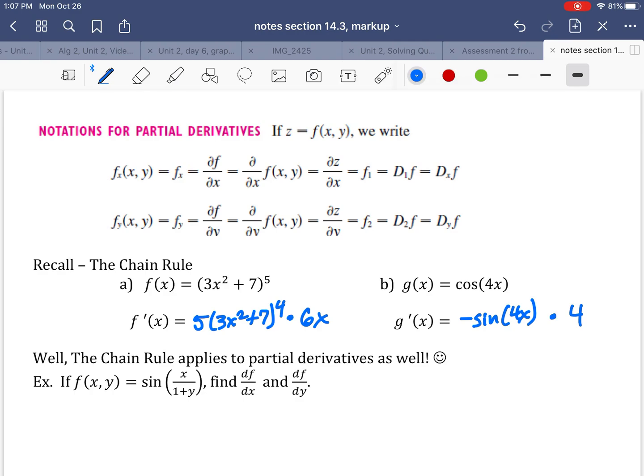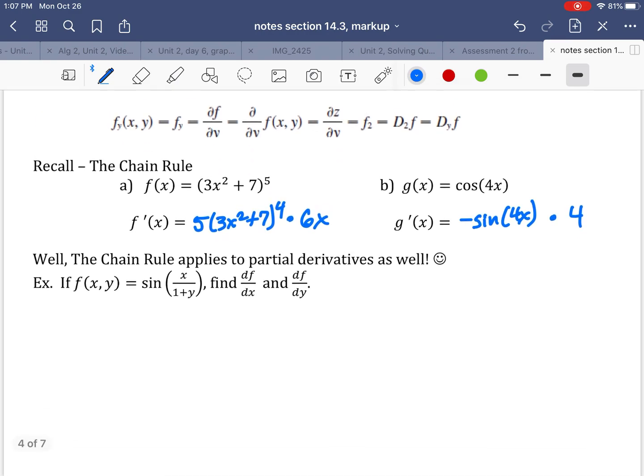And so same thing happens when you have partial derivatives, okay? So if I'm going to do df dx, so that would be f with respect to x, the derivative, I would do the derivative of sine, which is cosine, and leave this x over 1 plus y alone, and then I'm going to multiply that by the derivative with respect to x of the stuff inside the parentheses.